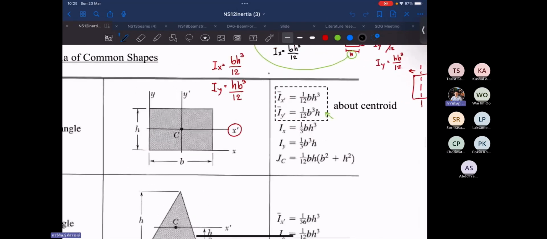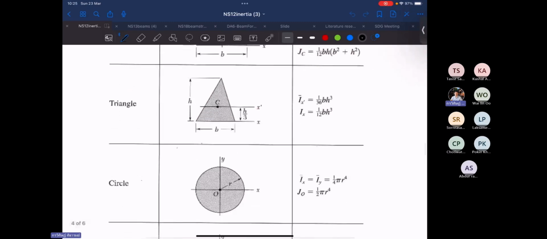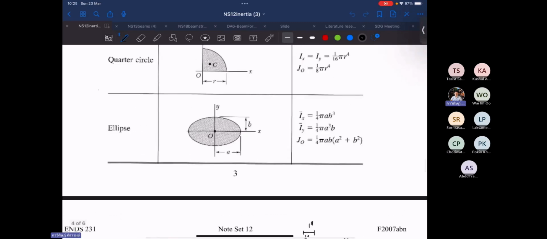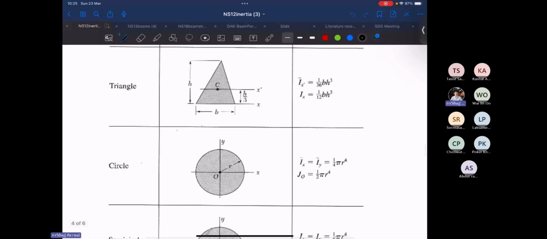So we only have to memorize this formula. It's very rare for us to encounter triangle shape or other shapes. Typically structural steel are in rectangle shape. But sometimes circular shape is also presented.